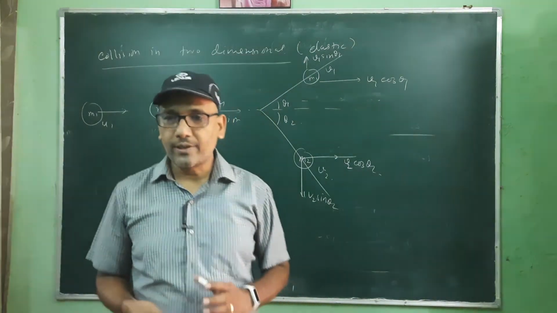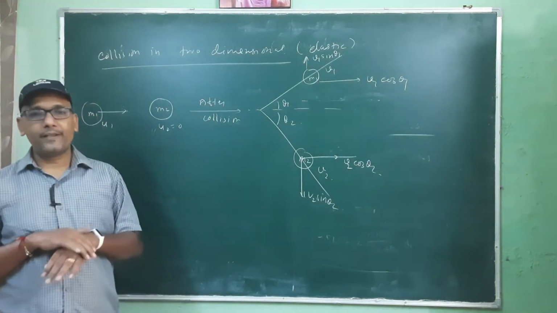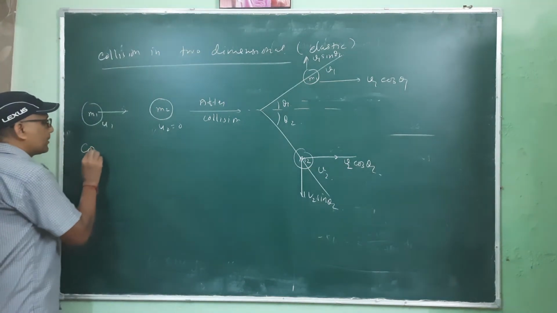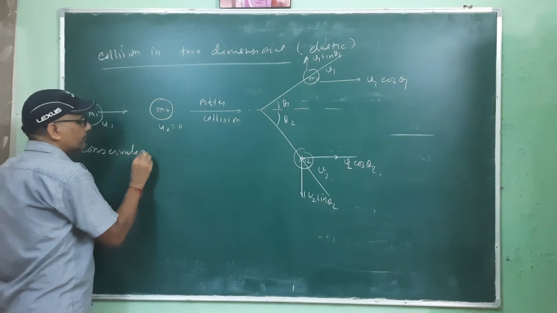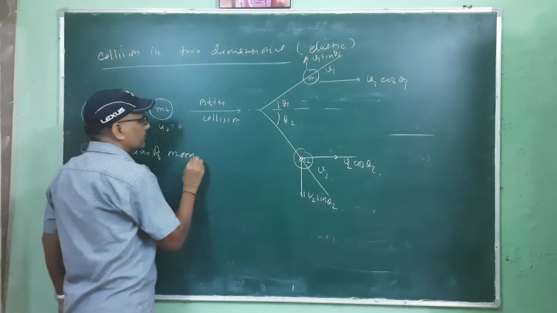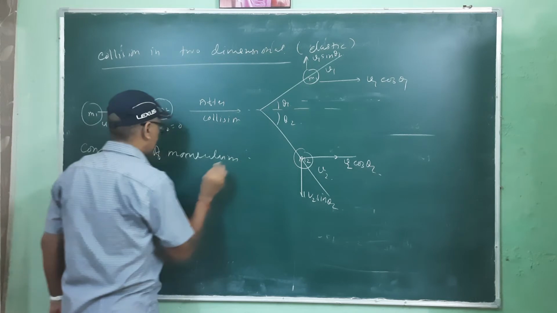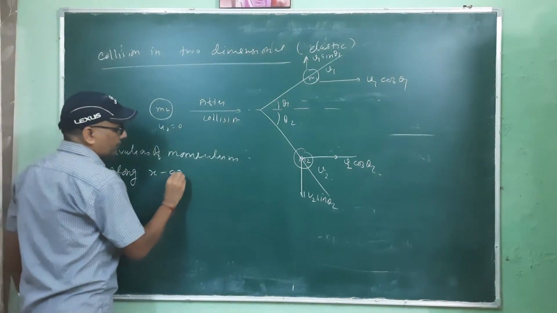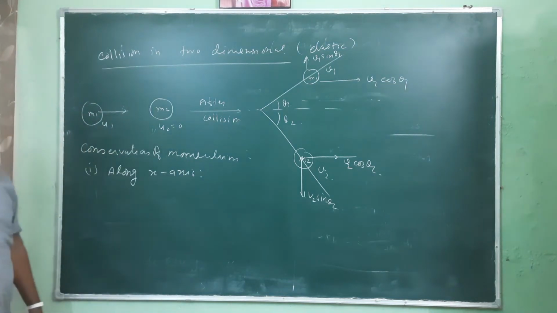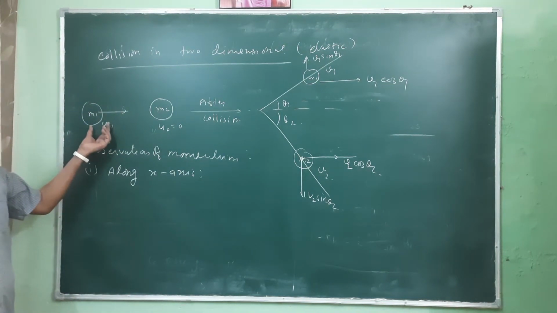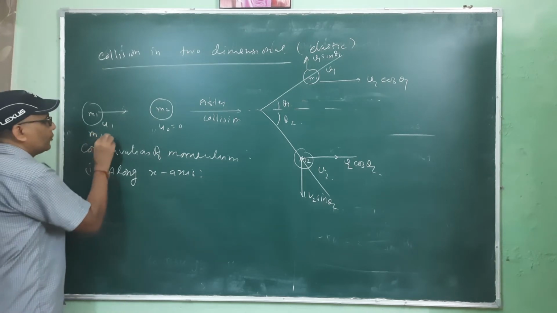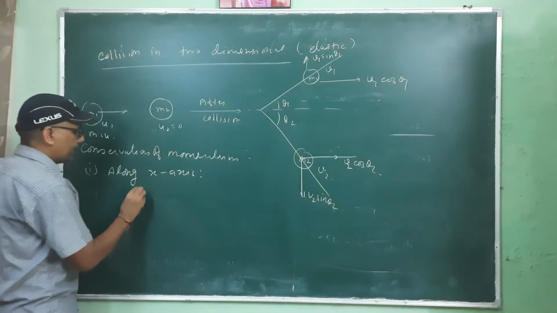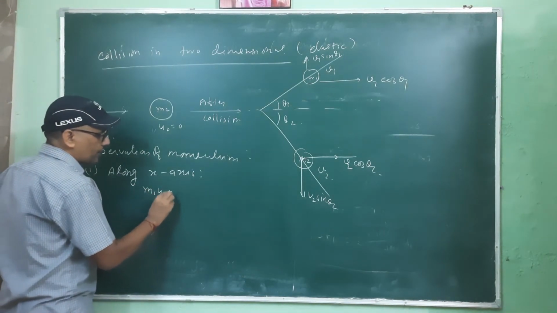So since velocity is a vector quantity, we will take conservation of momentum along the x-axis as well as along the y-axis. First, along the x-axis, the body is moving along the x-axis, so the initial momentum is m1 u1 plus 0.